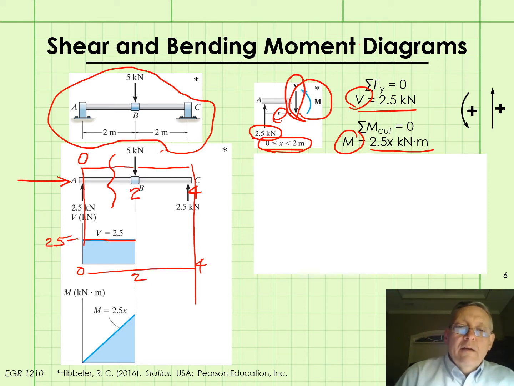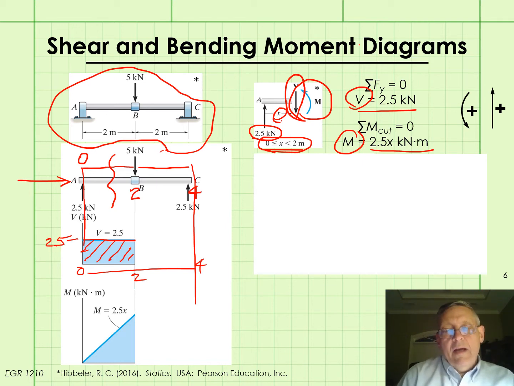The standard practice is to shade in the area between the function and the horizontal axis. Okay, so that's V equals 2.5. V is just constant, not varying with x.